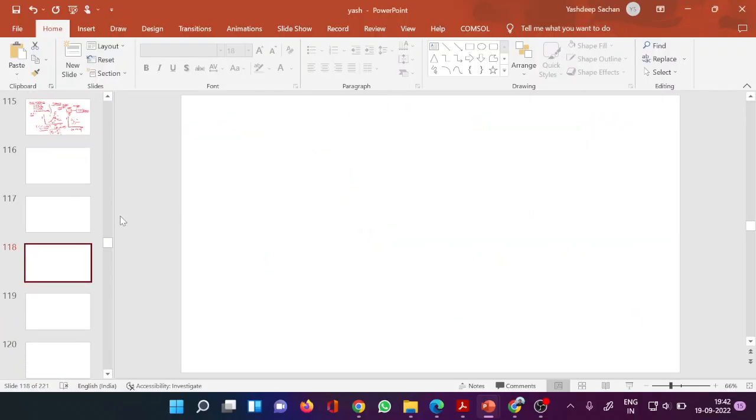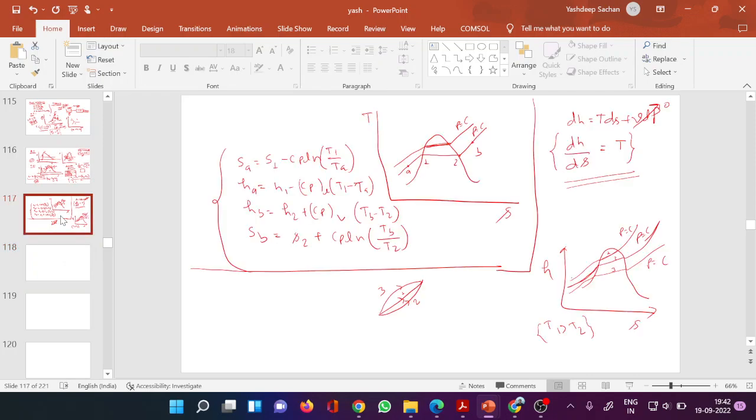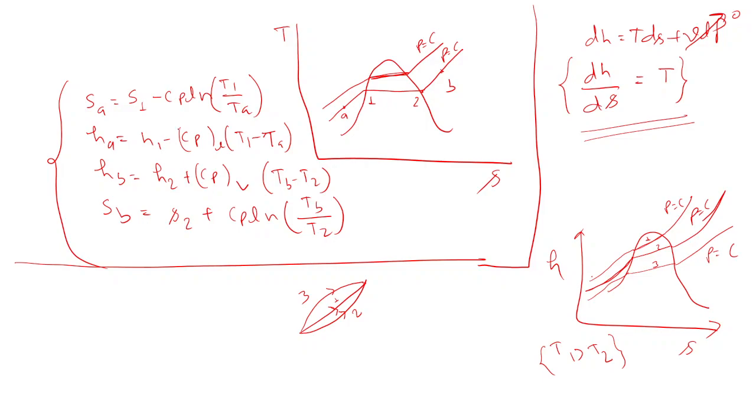Okay. Now we will solve some questions. Sir, one small doubt. Can you kindly represent the triple point on HS diagrams? On the HS diagram, the triple point will come here and we will define one boundary line like this.